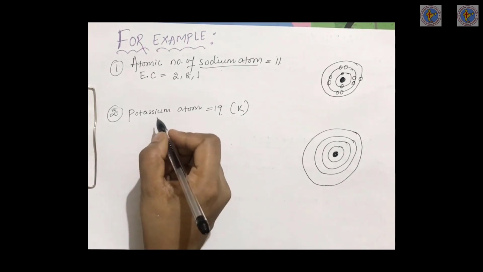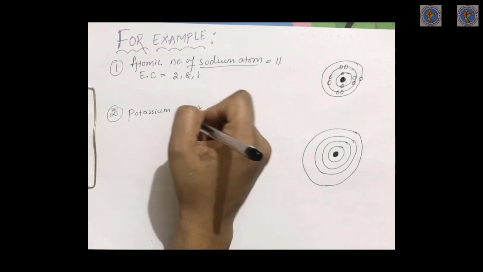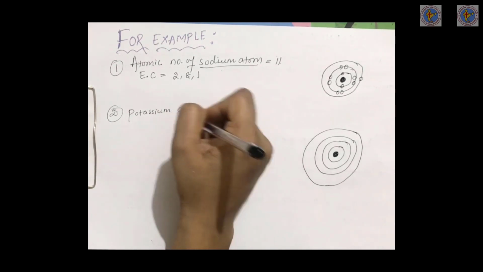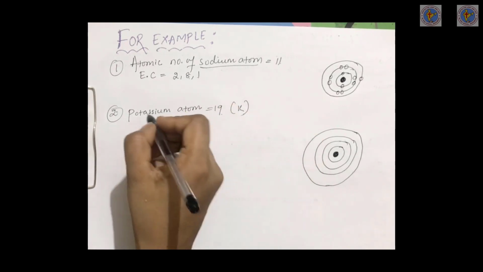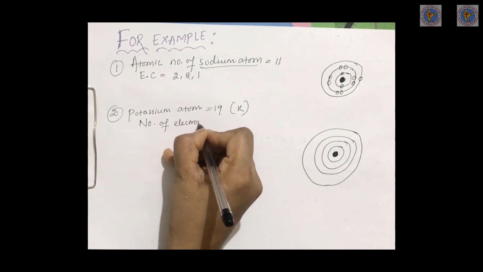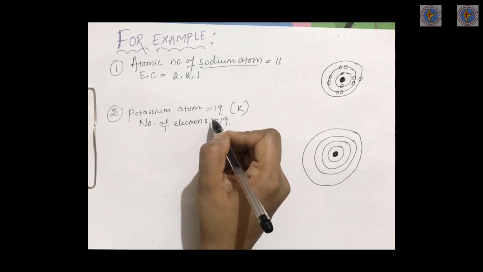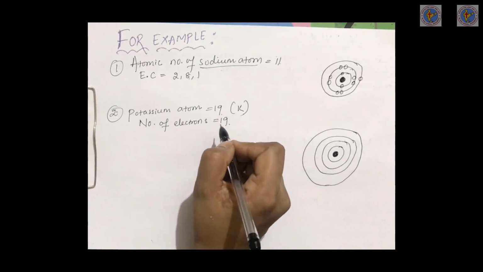So now let us find out what should be the number of electrons in the potassium atom if the atomic number of potassium is 19. So here the number of electrons will be 19, because we know very well that atomic number is equal to the number of electrons.